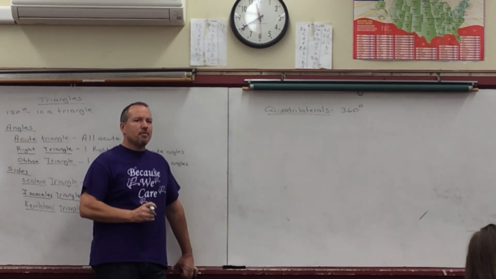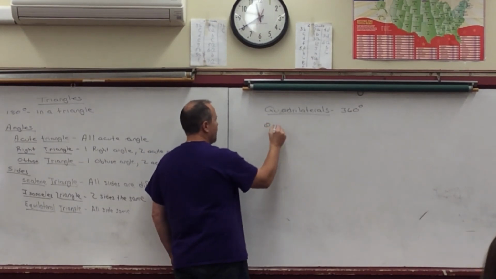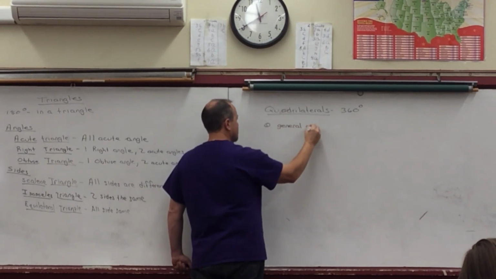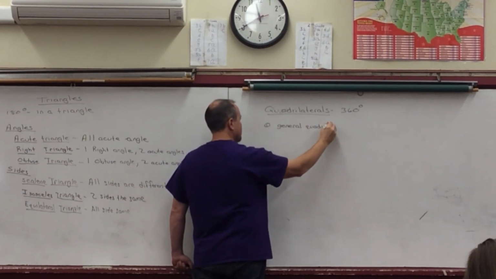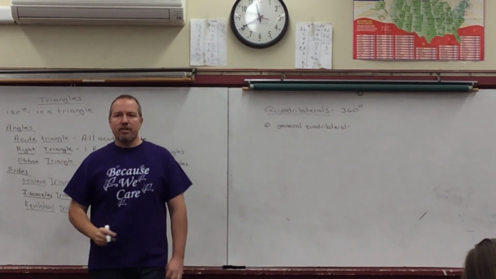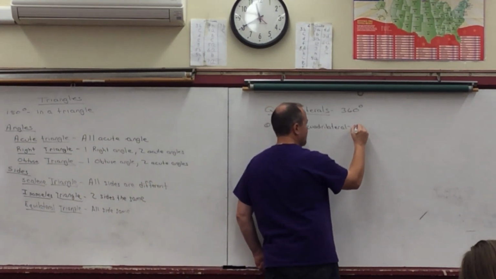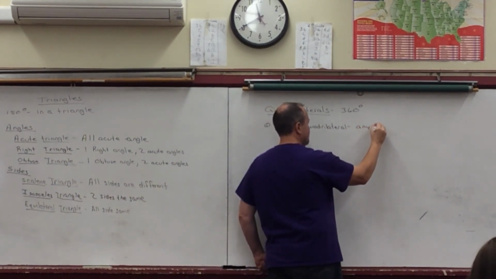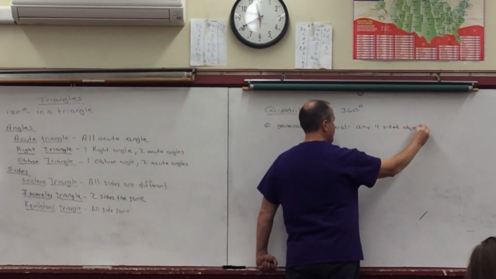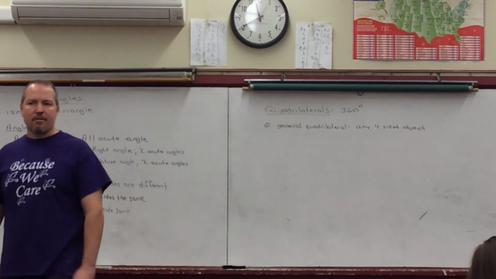Now we have many different types of quadrilaterals. The first one, we'll just call a general quadrilateral. A general quadrilateral is any four-sided object. So any four-sided object is called a quadrilateral.